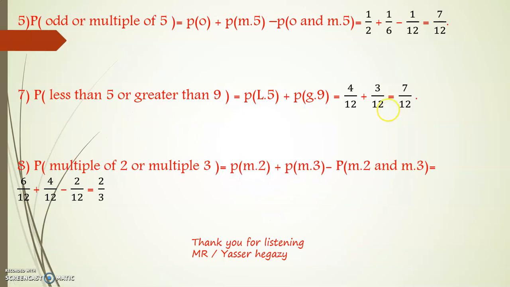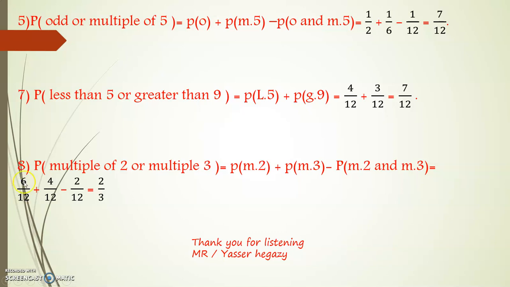The last example, number 7, probability of multiple of 2 or multiple of 3. We have common events between multiples of 2 and multiples of 3. The probability of multiple of 2 equals 6 numbers: 2, 4, 6, 8, 10, and 12.